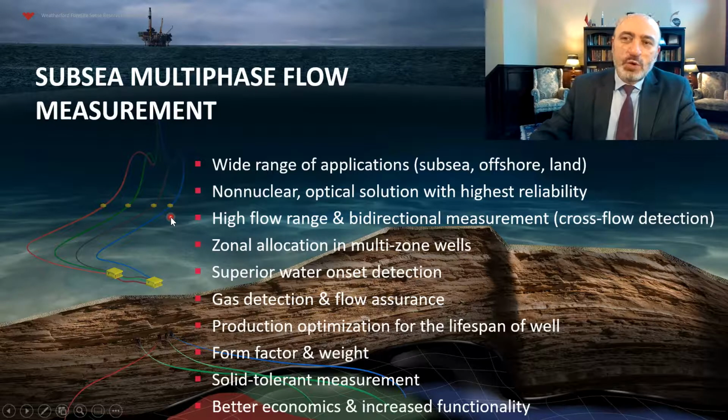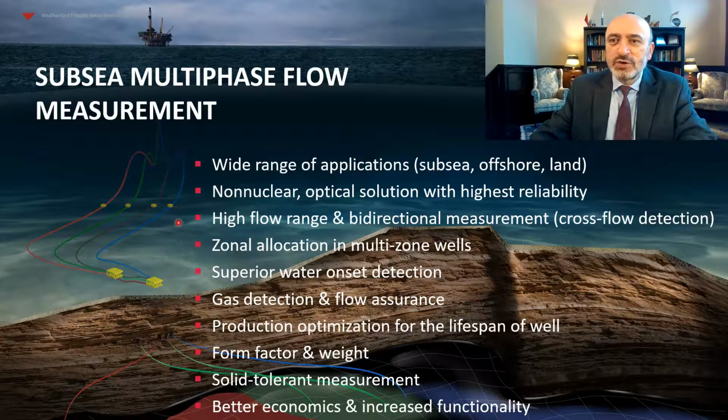As I mentioned in earlier sections, the system provides high flow range, high turn-down ratios, at least 25. The optical flow meter is capable of measuring the flow in both directions. And for that reason, it can be used in injector applications or producer applications, or it could be first a producer and then be converted to an injector, which we will also see in a case history in the later sections.